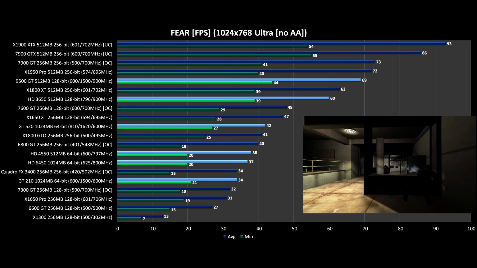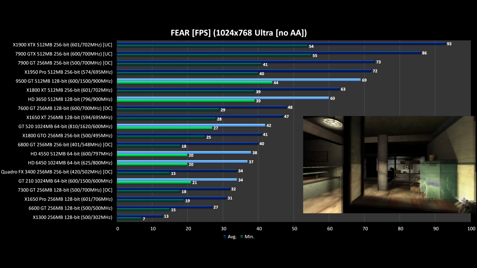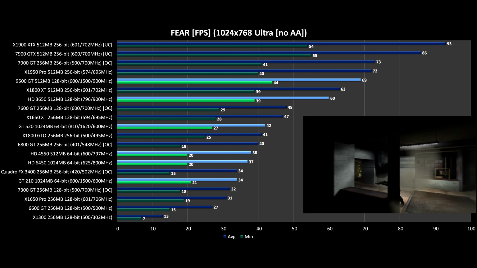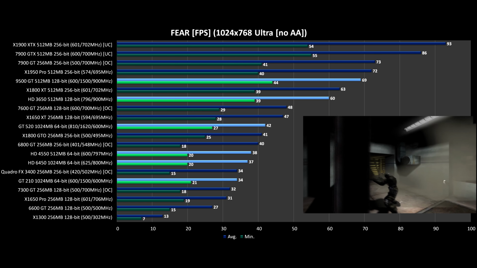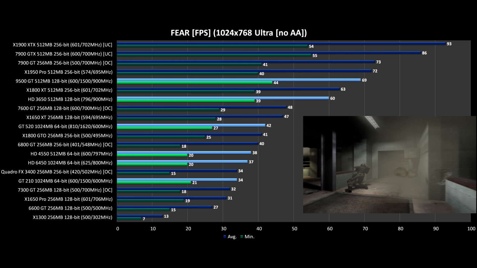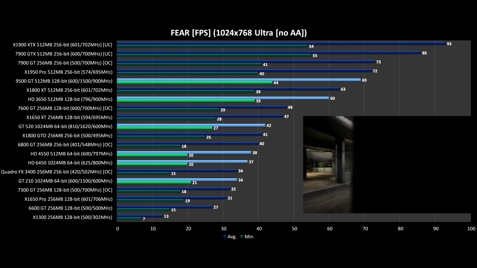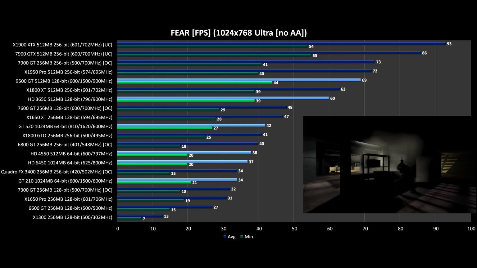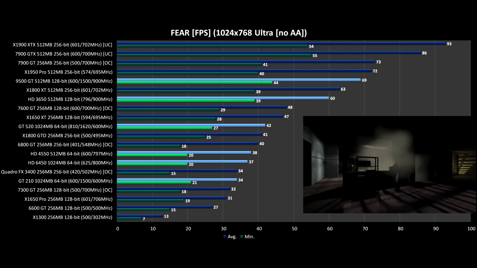HD 4550 and HD 6450 are on par with stock clocked 6800 GT, with HD 4550 being around 9% faster than 6450. This provides some insight into how much shader power is needed to make F.E.A.R playable at those settings.